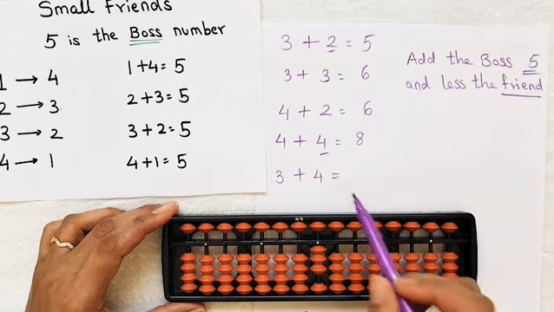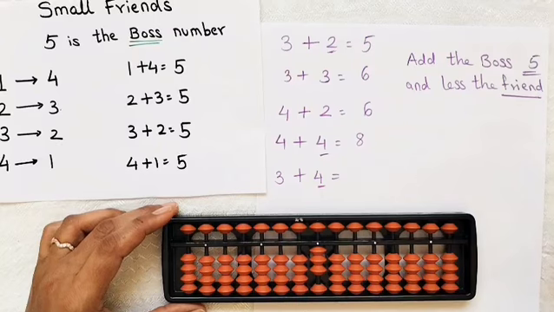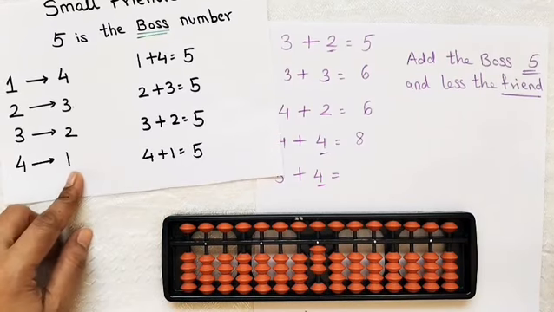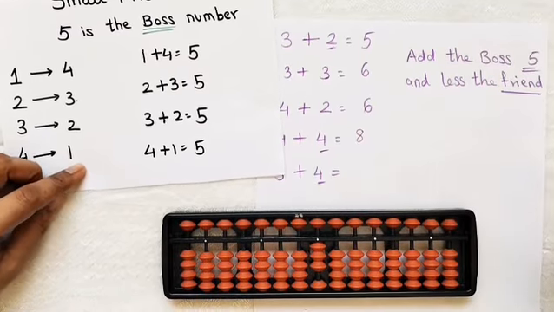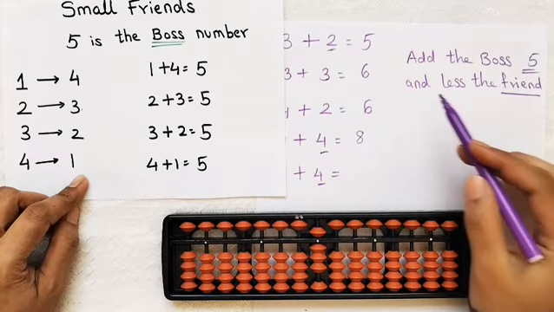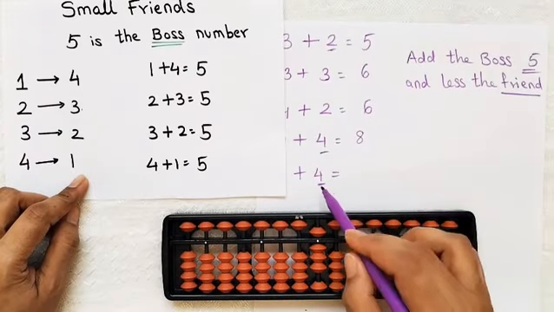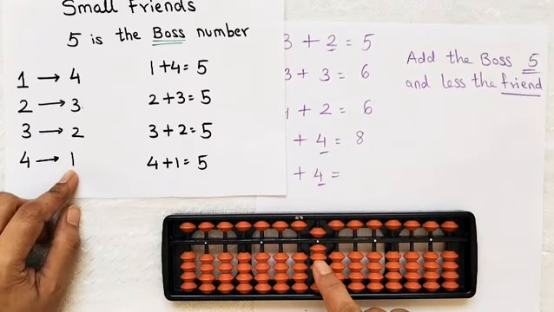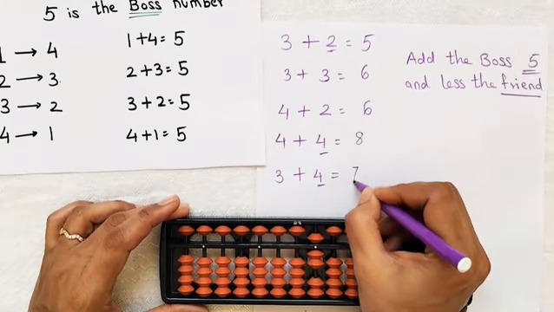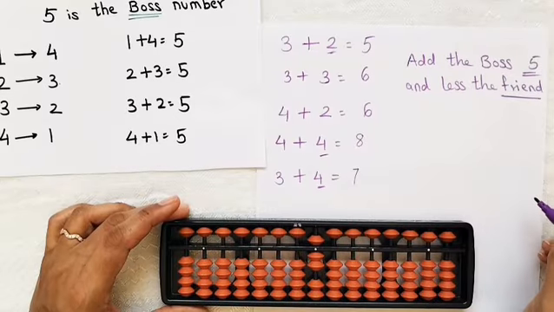No. So I have to add 4. Who's the friend of 4? 1 is the friend of 4. So, add the boss, and less the friend. I just have to less 1. So my answer is 7.